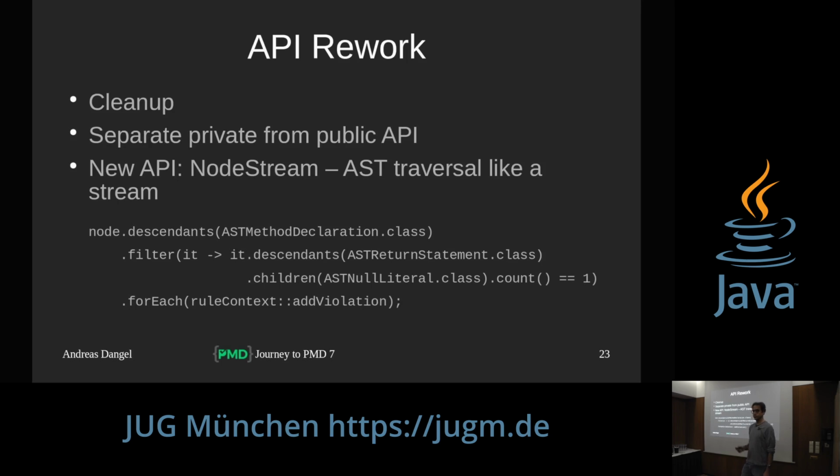You can also now use node streams that make it easier to traverse, and you don't need to check for nulls. It's very similar to the stream API from Java. And it's also lazily evaluated. So if it doesn't find any method declarations, then it stops already there.